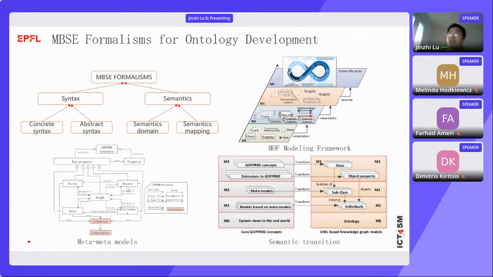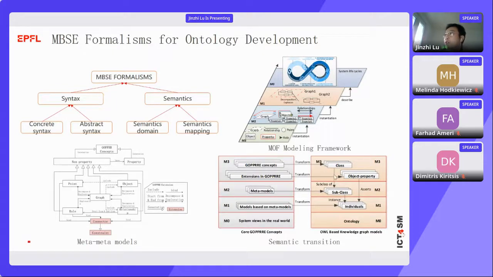Object refers to the model component. The relationship refers to the connection between different objects. Role refers to the two ends of the relationship. And the point refers to the port in the object. And the property refers to each attribute of the component. In this way, we can describe the GOPPRR ontology and transform it into the OWL-based knowledge graph model.